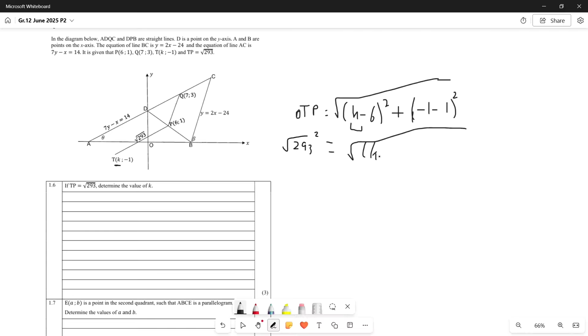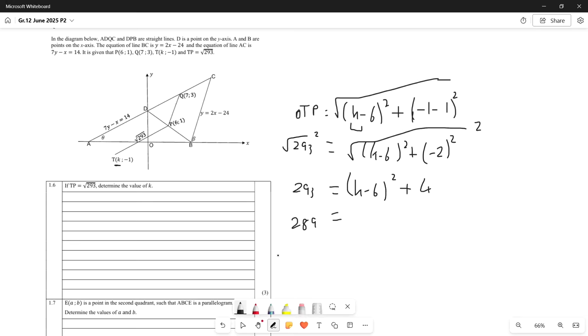So we have K minus 6 squared plus minus 2 squared, and we square both sides to drop the square root. So we have 293 over there, and K minus 6 squared plus minus 2 squared is 4 over here. Then we can take the 4 over, which means we're left with 289 over there.